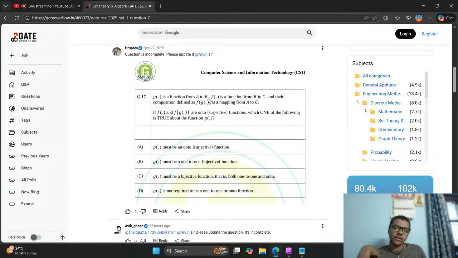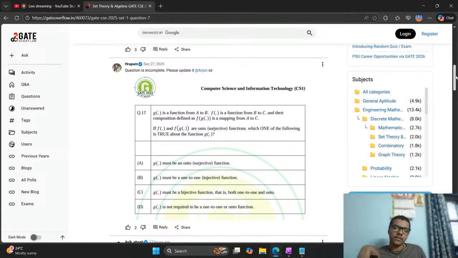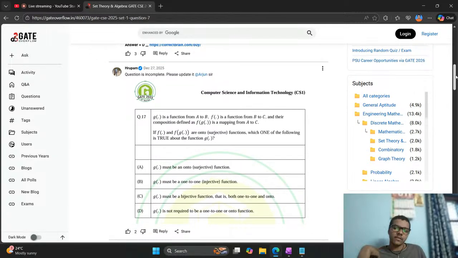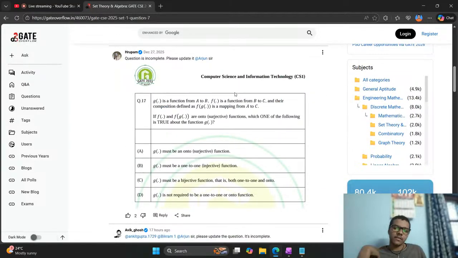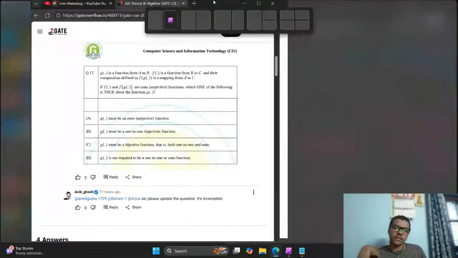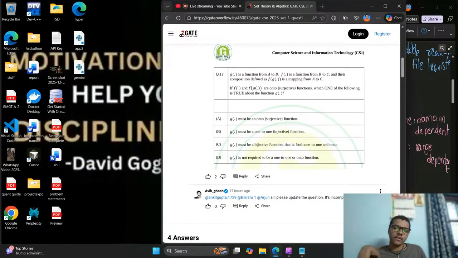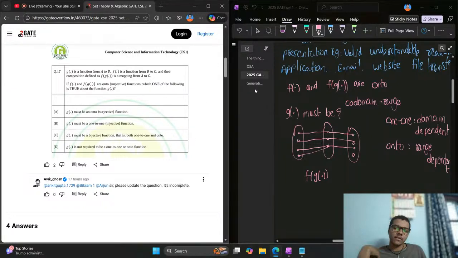G is a function from A to B. F is a function from B to C. There is something wrong with this question, it seems, and the copilot is hallucinating.